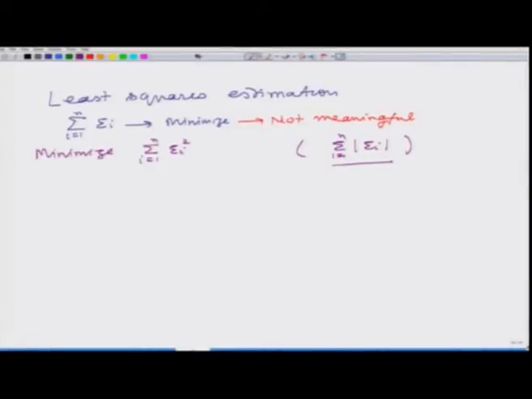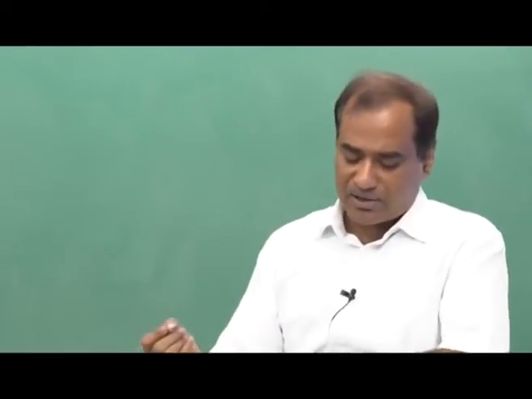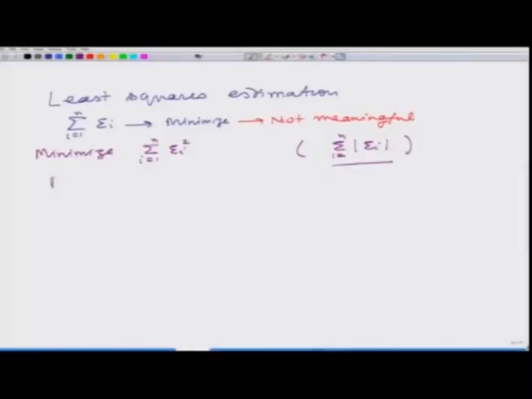So, the next question is how to minimize it. Well, I can use the principle of maxima and minima, and try to obtain the values of beta 0, beta 1 and sigma square.